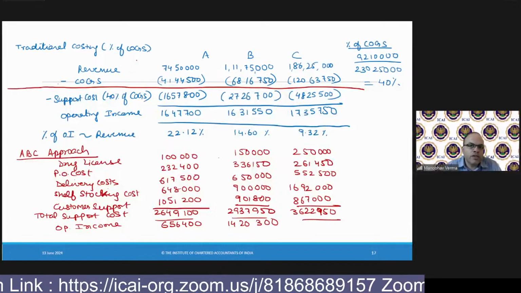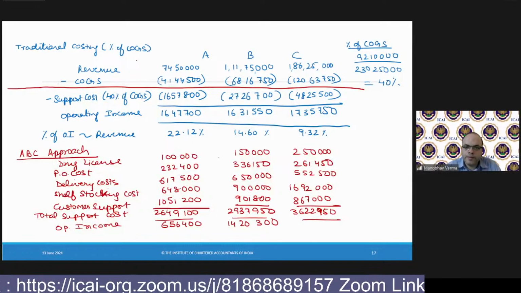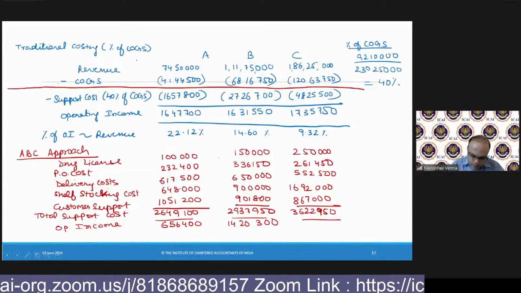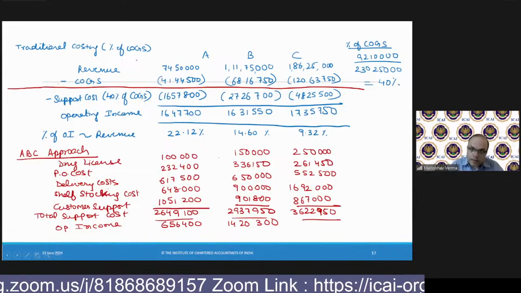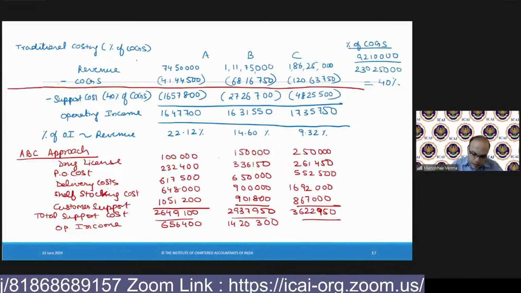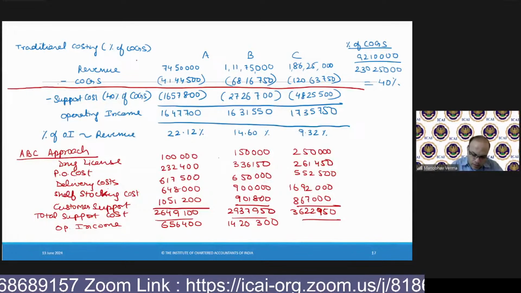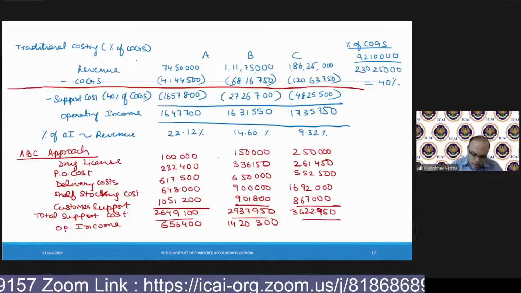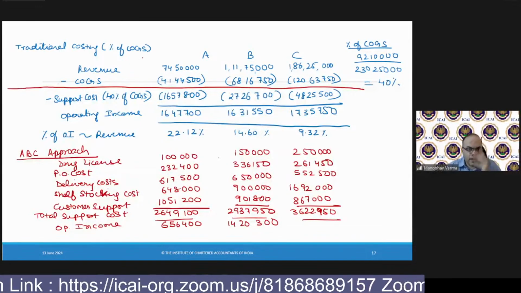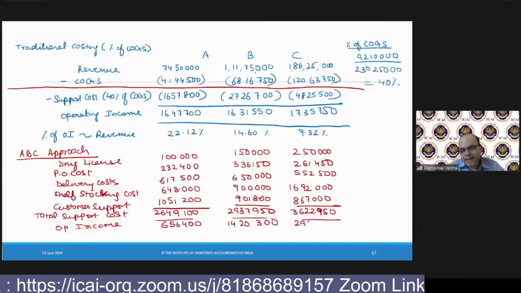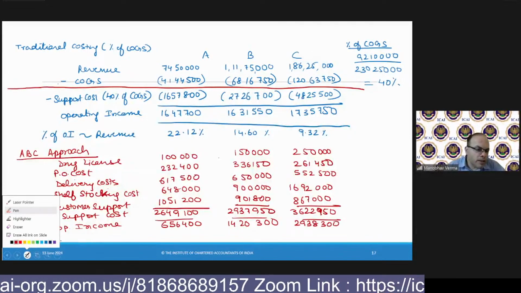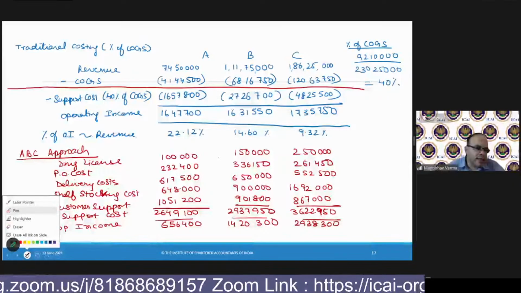Thanks, Anto. Can anyone tell me for C now? So I'm getting two responses, 29 lakh, absolutely perfect. So we're getting 29 lakh 38,300.